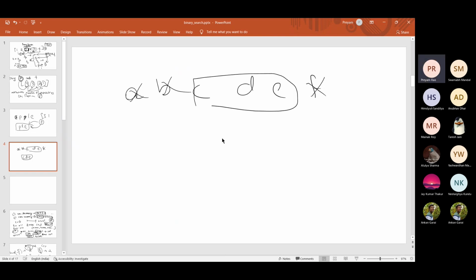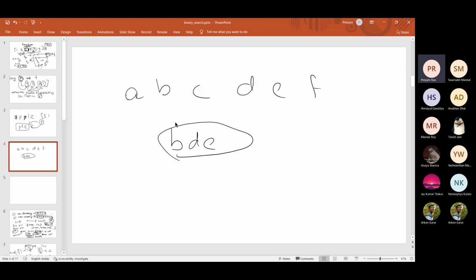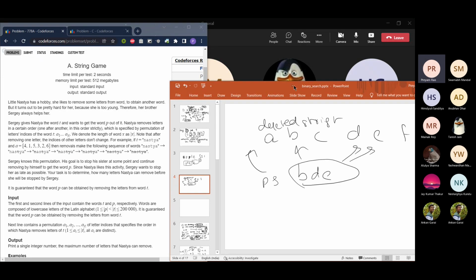Now notice that for being a subsequence, they do not need to be contiguous. B, D, E would also be a subsequence. So essentially, we need to check if the string T is a subsequence of the string after deletion, right? So I hope the question is clear.